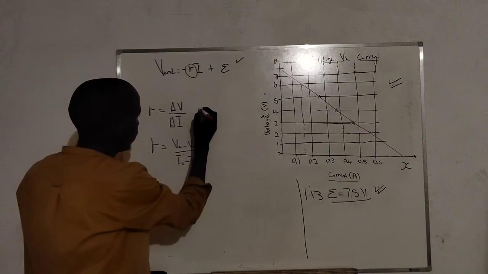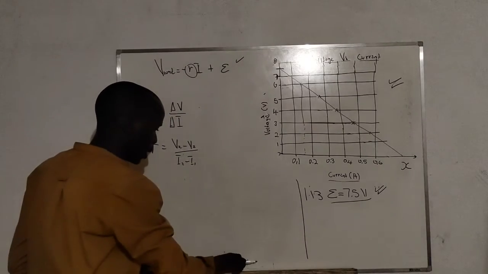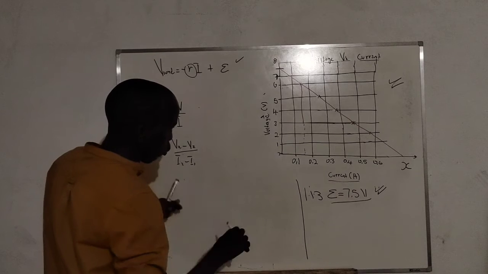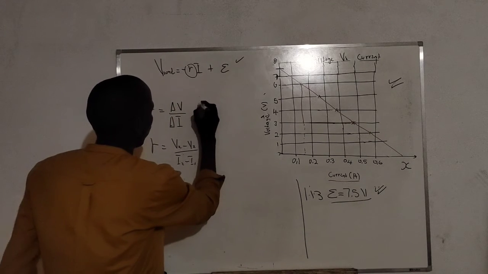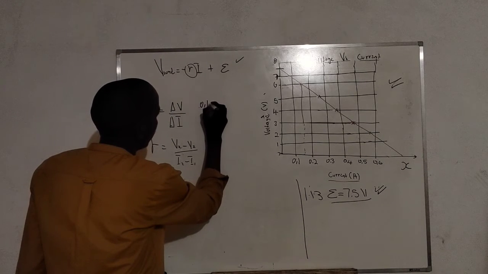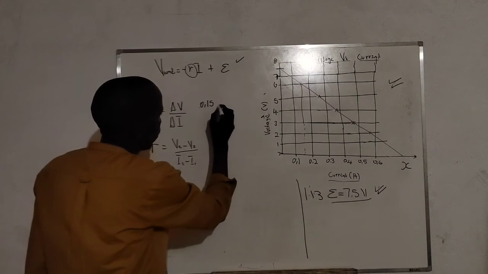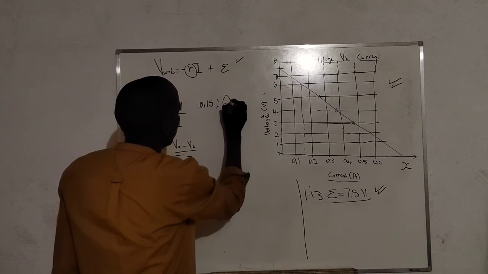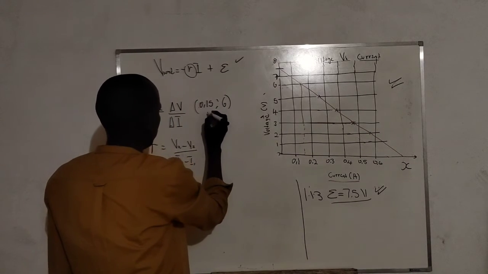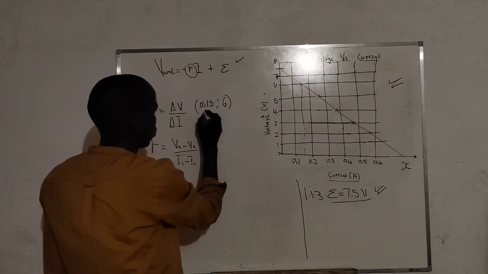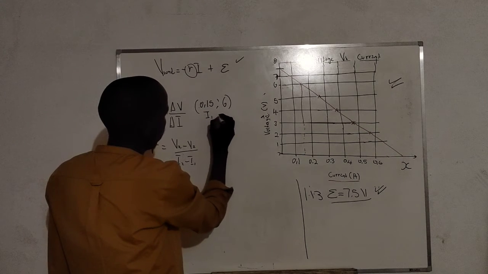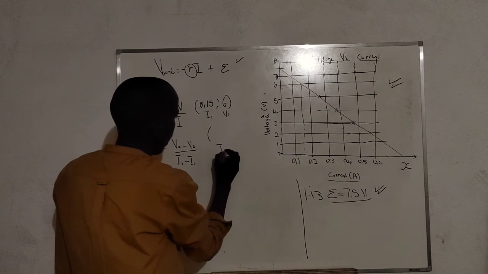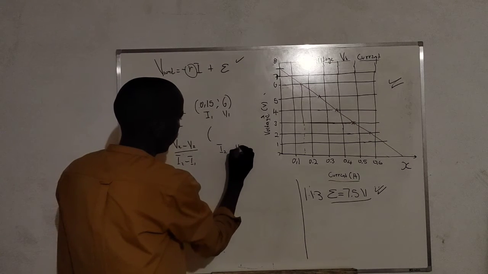In terms of coordinates, I'm just estimating: it appears to be I1 equals 0.15, and the corresponding V1 is 6.